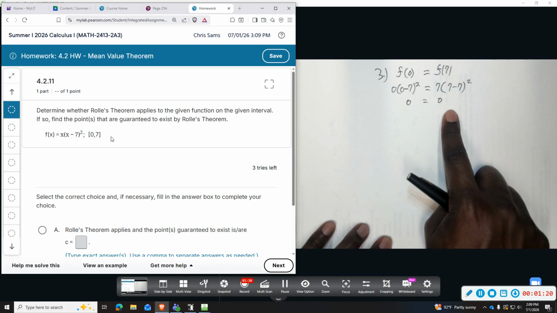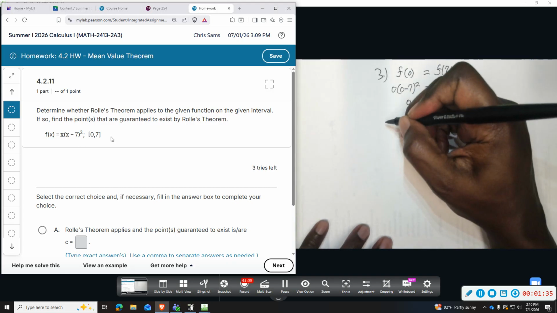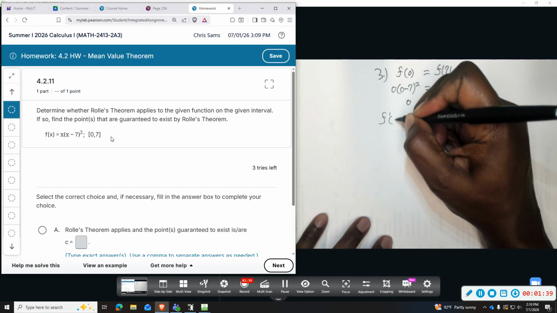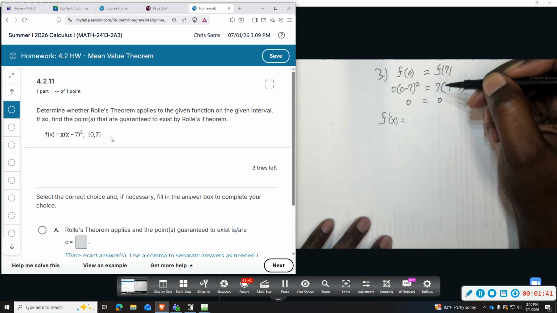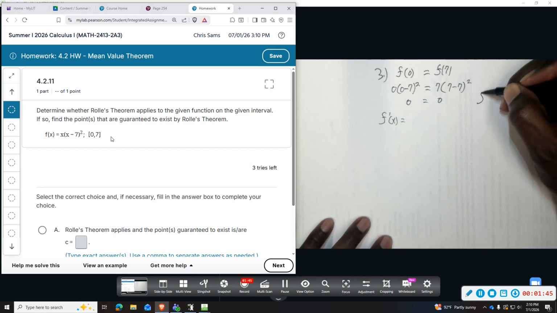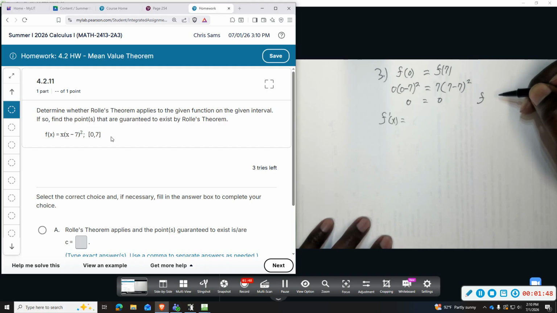Okay, this will be a continuous function, and so now we want to find the point C that gives us a derivative of 0. So we're going to say f prime of x, and let me just multiply this out. Would it help me to do that instead of doing the power rule?